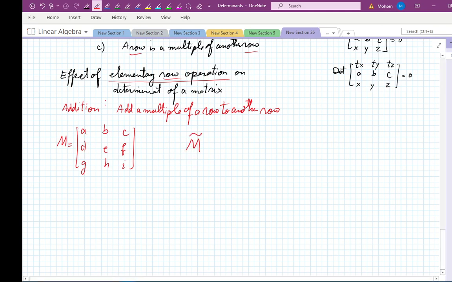Suppose I add, for example, 3 times row 1 to row 2. It has to be different rows. So I have a, b, c, then d plus triple a, e plus triple b, f plus triple c. We are not touching the other row.